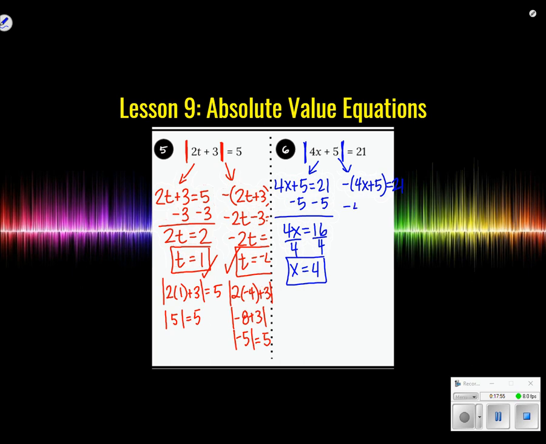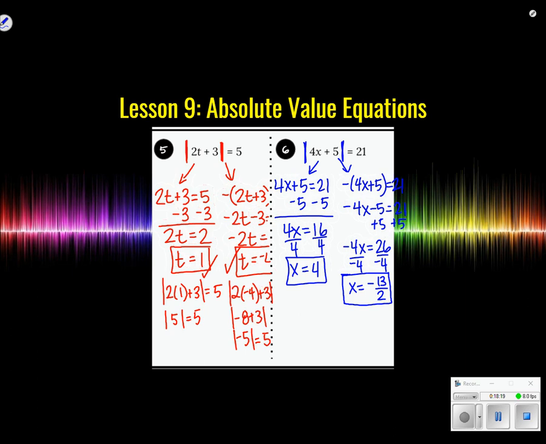And then over here, negative 4x minus 5 equals 21. Add 5. Negative 4x equals 26, and then I'm going to divide by negative 4. So x equals negative 13 over 2. Now, that one's a fraction, so some people don't like it, but we'll see what happens.